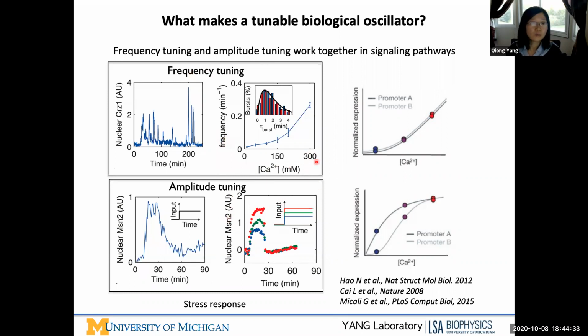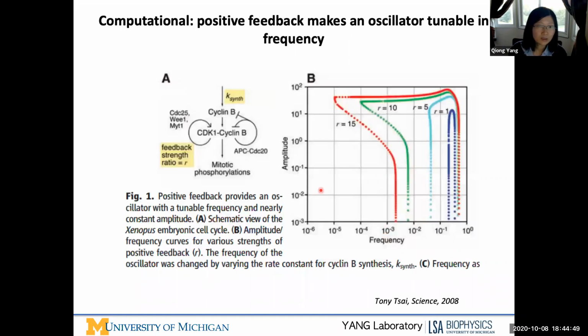And what people consider was that the frequency tuning seems to be able to coordinatively regulate two genes that have different expression levels. And in the cell cycle, the same computational study also looked at the tunability in addition to the robustness that I just introduced before.